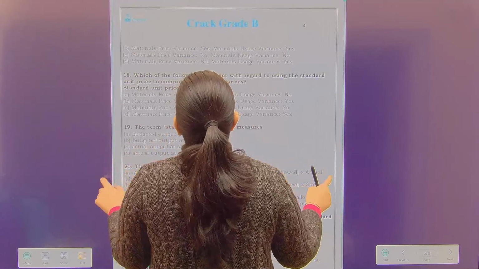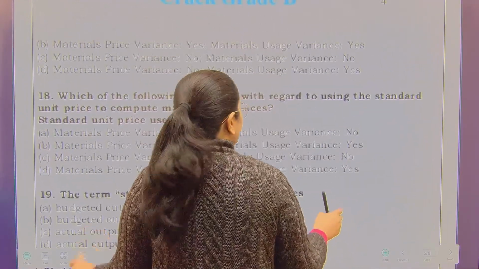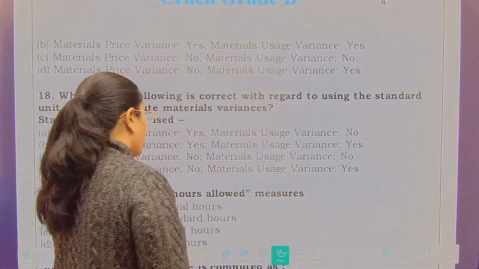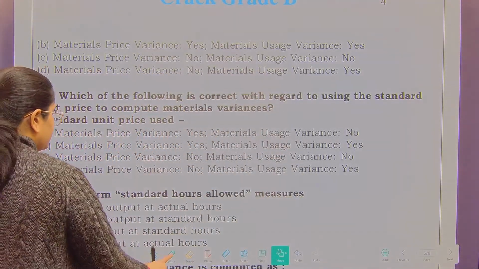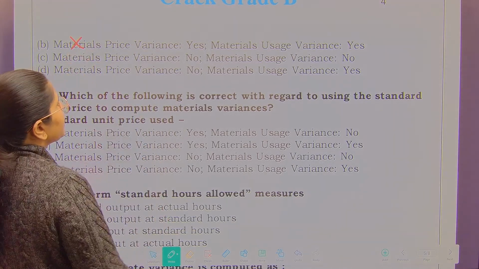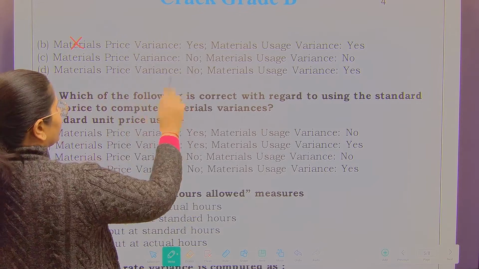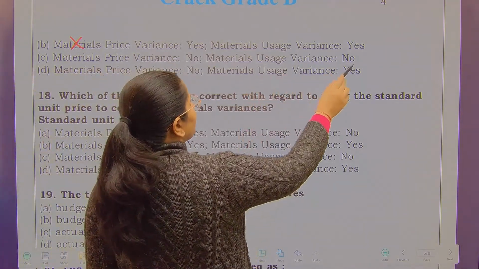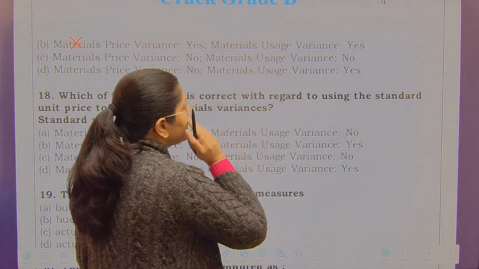Wherever they write that we are using standard quantity in material price variance, that option is wrong for me. So option number 2 is also wrong. Third one is material price variance, no. Fourth one, material price variance, no. Then they are saying material usage variance, yes.